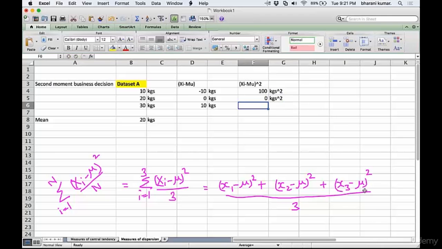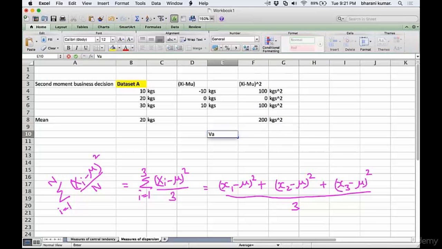And then you have x3 minus mu whole square. So it is x3 minus mu is 10. 10 square is 100. You get kg square once again. Now, we need to take a summation of all these three values. If you take summation of all these three values, you get 200, units is important, kgs square.